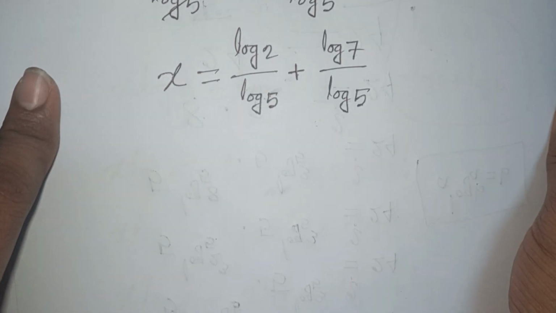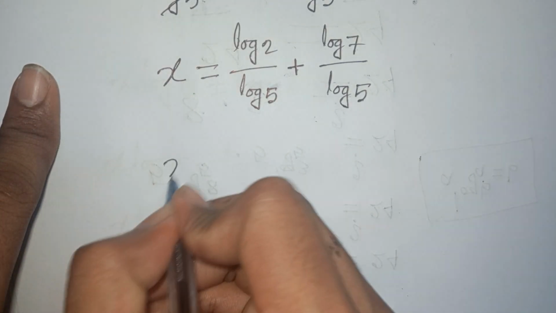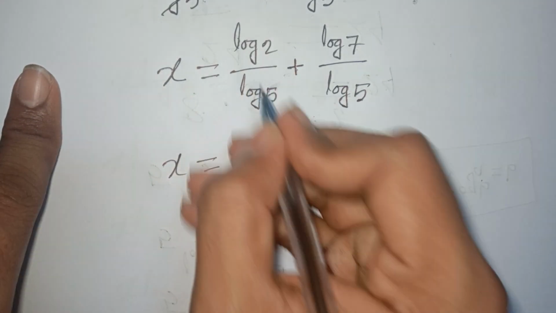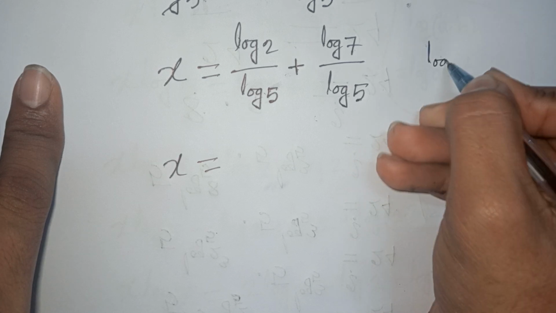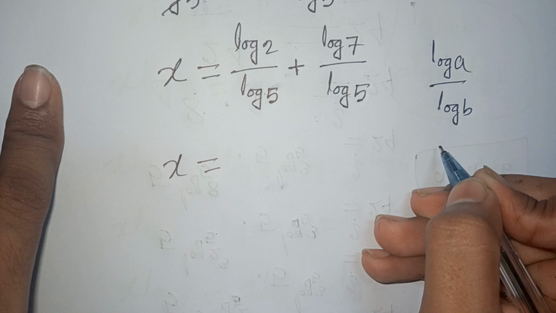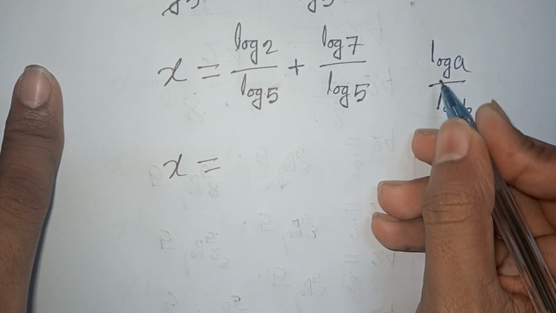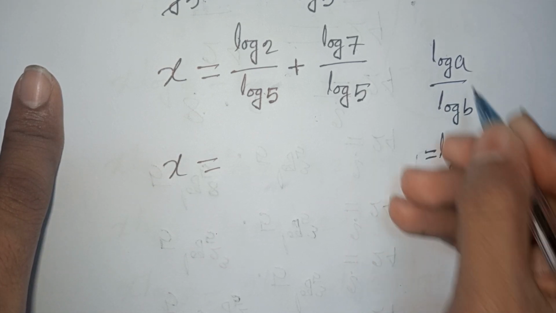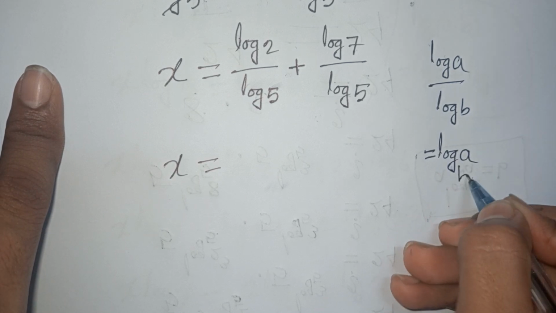Now x will be equal to, here you can apply this formula, log a divided by log b is equal to log a base b.